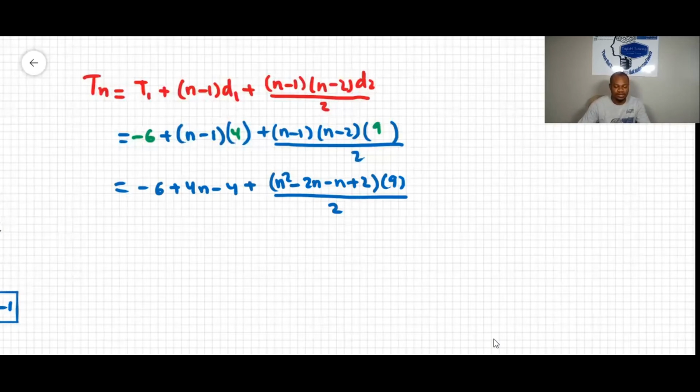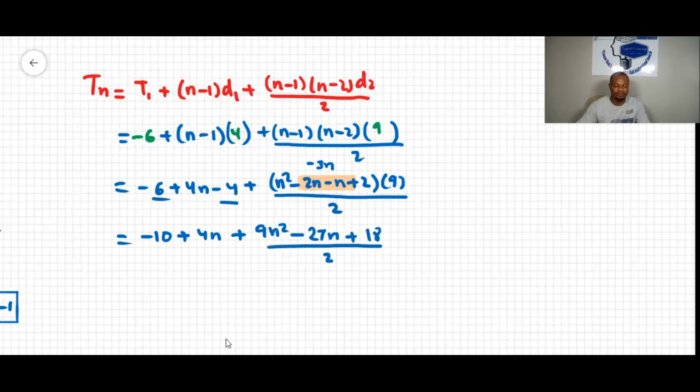So negative 6 and negative 4 here makes negative 10, plus 4n, plus 9n squared, and negative 2n and negative n makes negative 3n, so that makes minus 27n plus 18, all over 2.